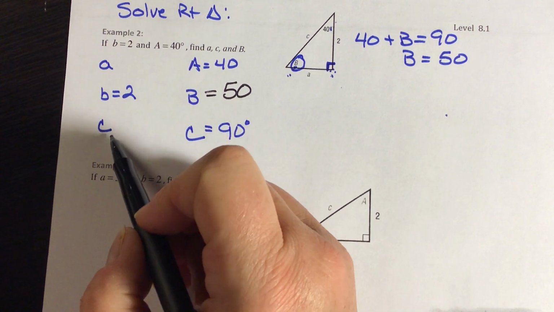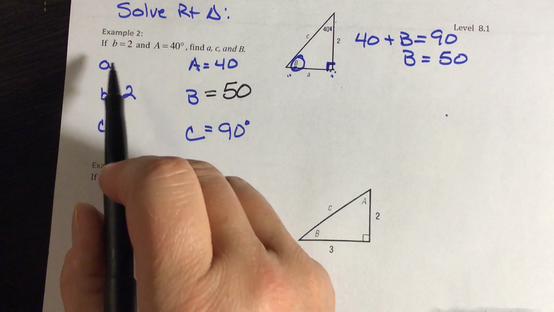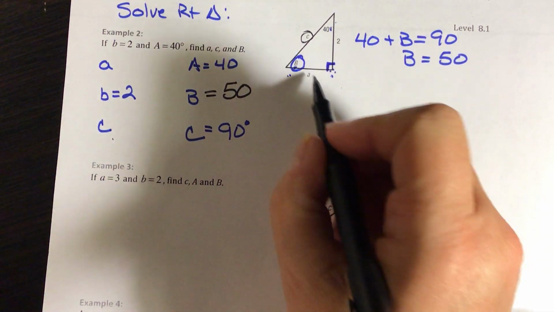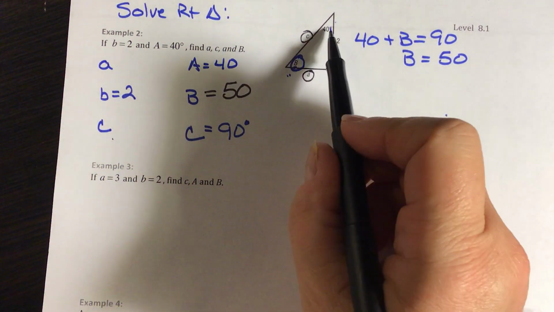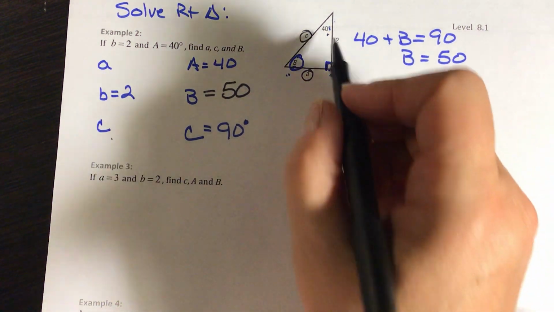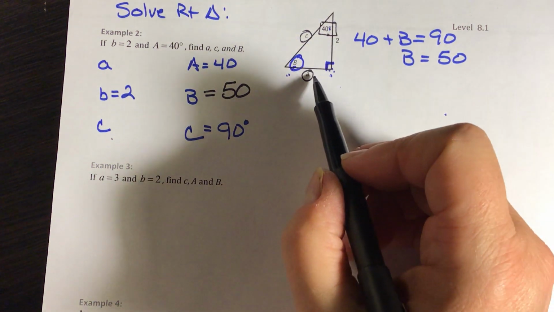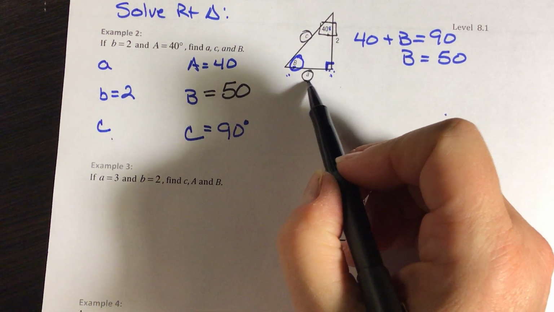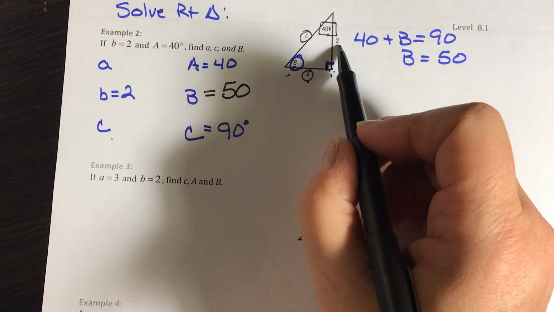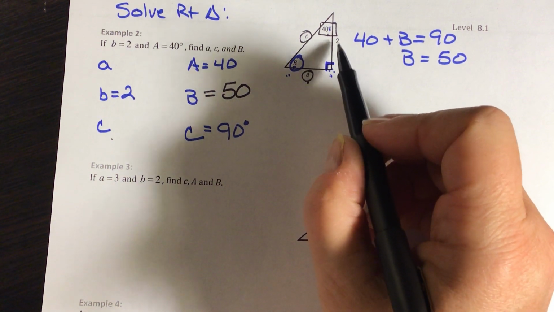Now to find angles A or C, or sides A or C, I'm looking here or here. I know I have an angle of 40 right here, and if I look at opposite and adjacent, this is a value I know.